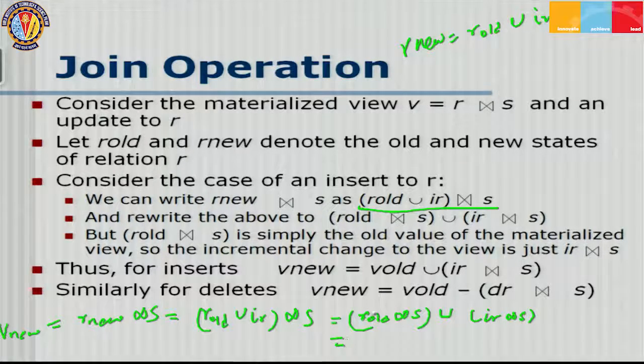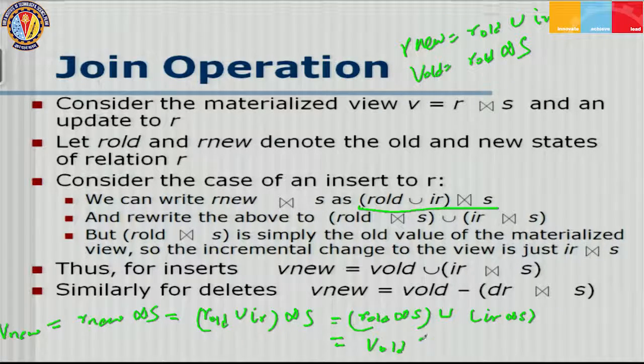And this R old join S is nothing but V old. So V new is V old union (IR join S).